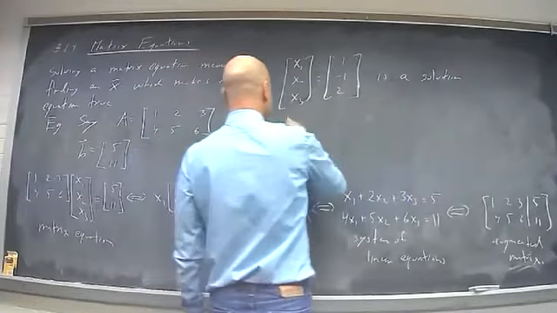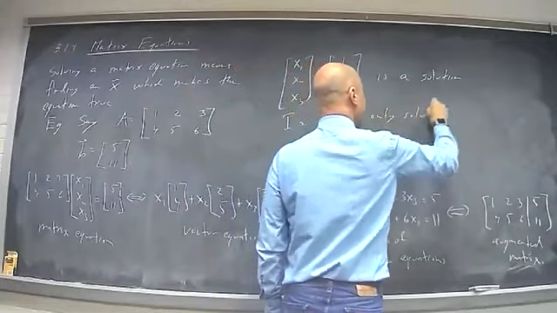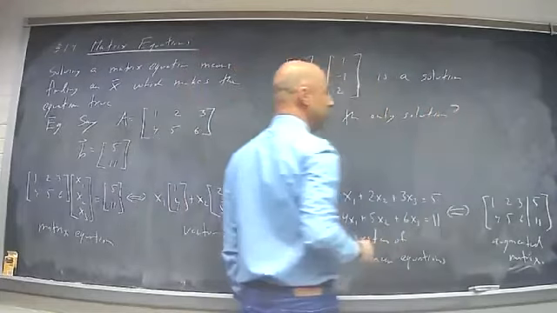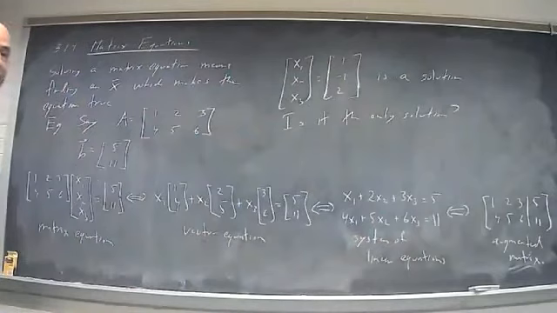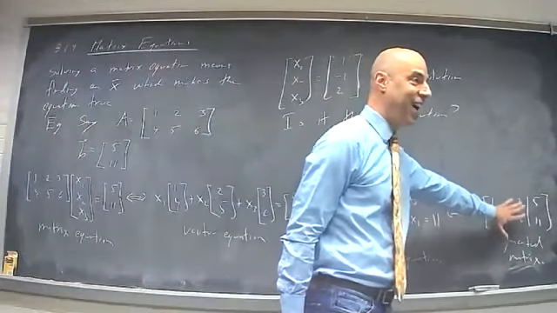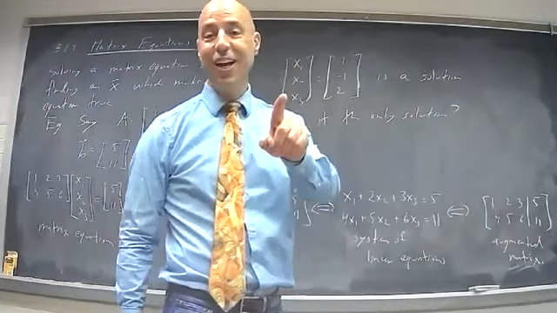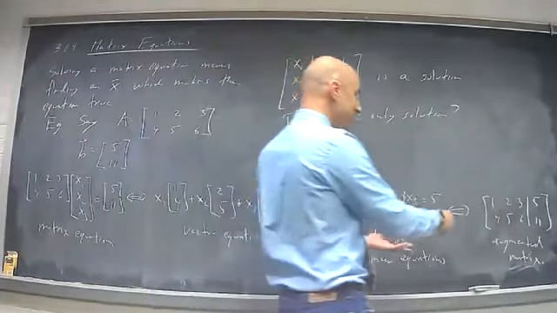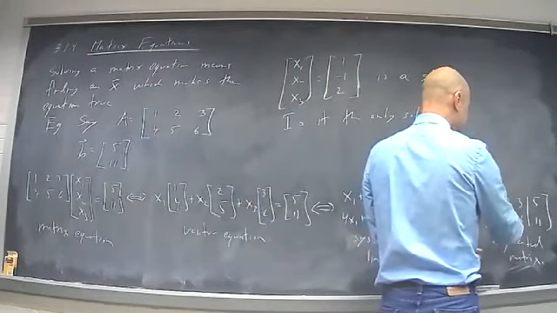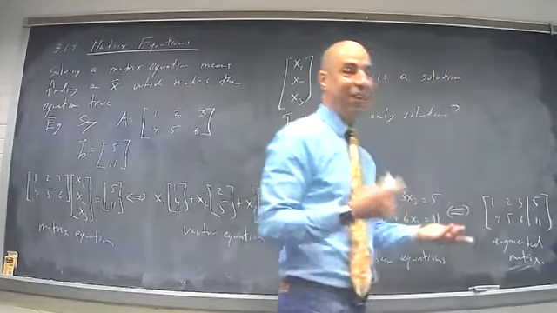Is that the only solution? You don't have to actually solve it. Just look at the size. I want to say no, because there would be a free variable. Exactly. There can't be more than 2 pivot positions here, because we have 2 rows, and we have 3 variables, so you have at least 1 free variable.